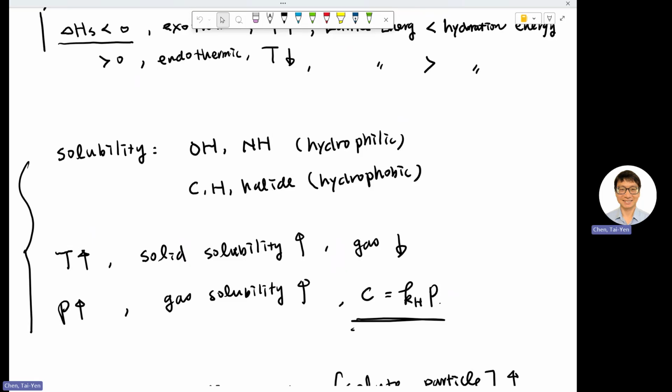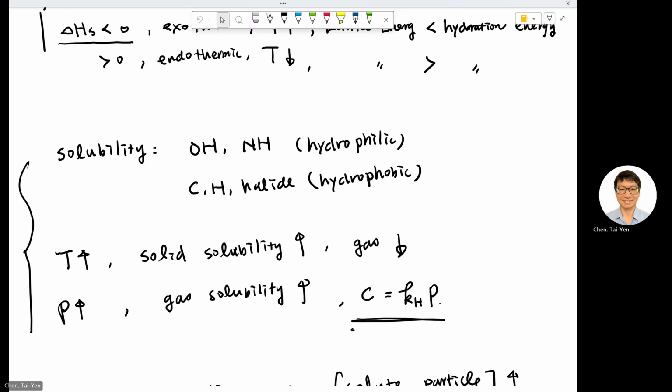To predict what is more soluble in aqueous solution, you need to look for molecules containing NH and OH, because they can form hydrogen bonds. They give you better solubility and make the molecule hydrophilic. But if a molecule only contains C, H, and halides, which are the typical atoms you see in organic compounds, that compound is hydrophobic, meaning it doesn't like water and will not dissolve well in water.